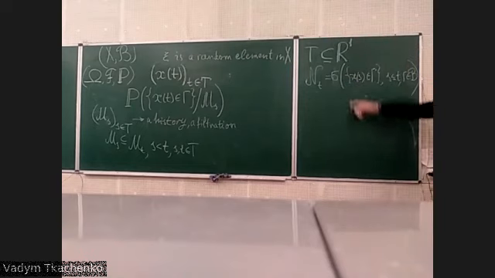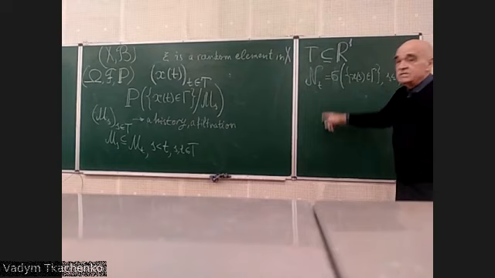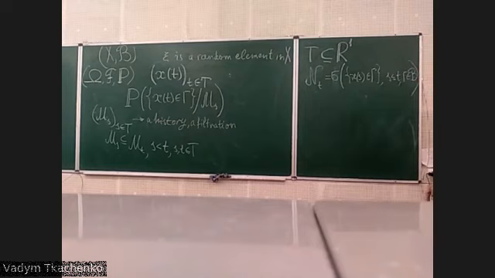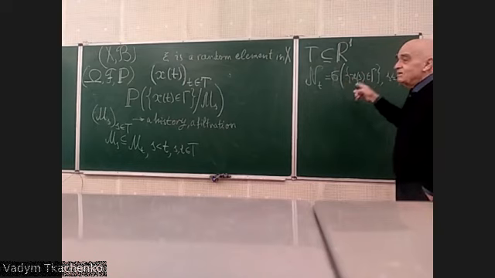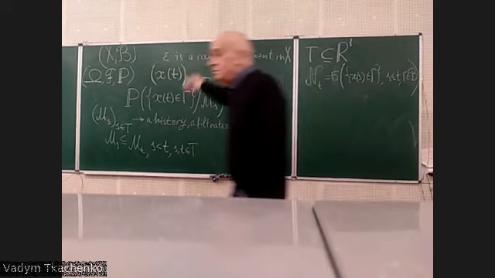Okay? So it is evident that this is a history or a filtration, and it is called the history of the process X of T, its own history.